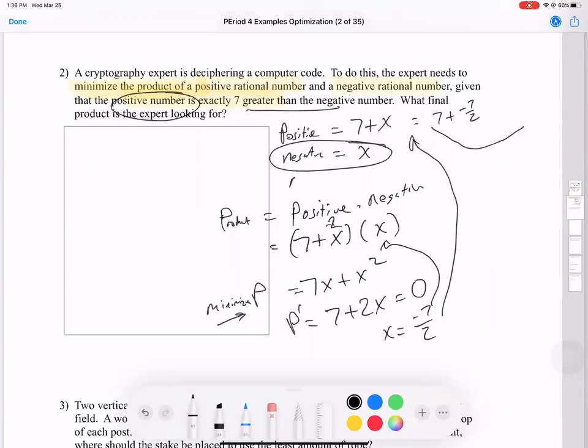That becomes 14 over 2 minus 7 over 2, which is 7 over 2, a positive. So the product here is 7 over 2 times negative 7 over 2, which is negative 49 over 4.